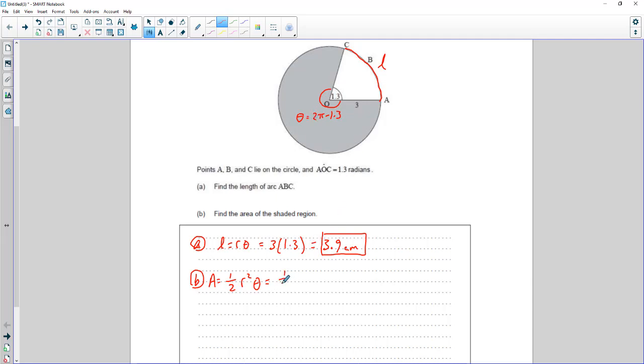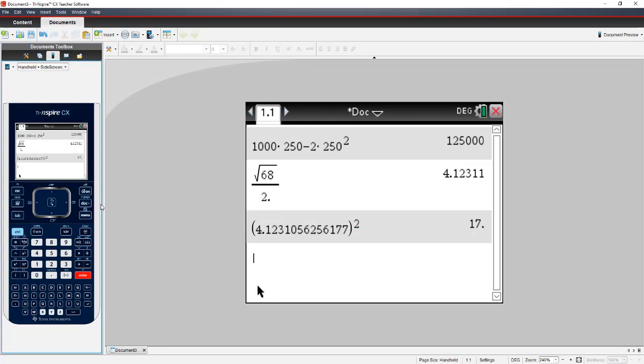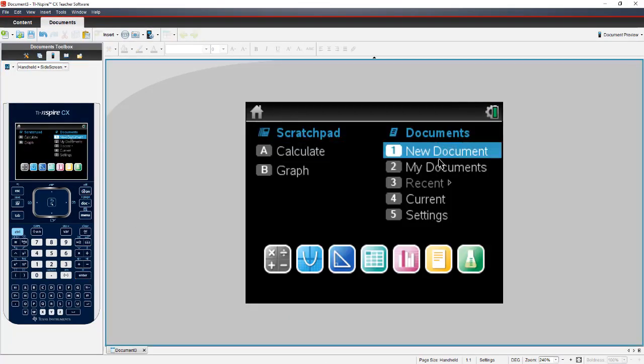So it's going to be 1/2, and then we have 3 squared, and then we have 2 pi minus 1.3, and then we will put that in the calculator. Let's clear this off.